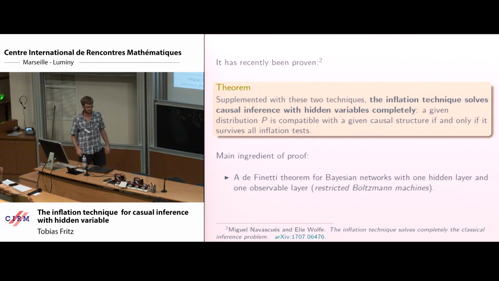And so the main ingredient of the proof, which may be of independent interest, is a kind of marginal theorem for these causal networks, Bayesian networks, which are of this restricted Boltzmann machine type. Maybe this is already known among people who study restricted Boltzmann machines. Yeah, might be good to hear about that, and I would tell them.